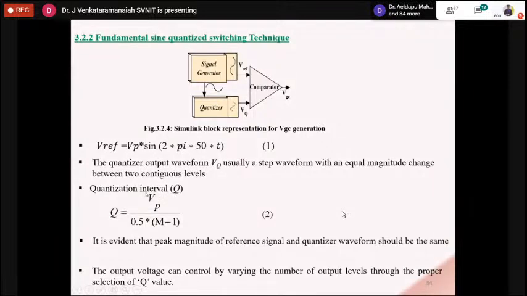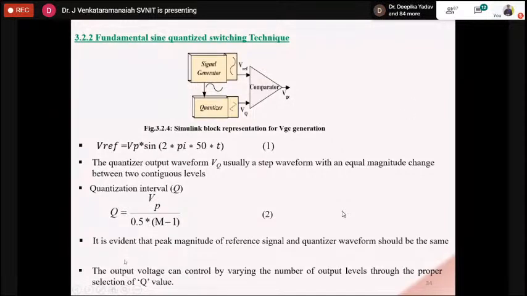This depends upon VP: VP by 0.5 into (m minus 1), where m is the number of levels. Here we have 19 levels, that's why it is 18. 18 into 0.5 will be 9. So VP by 9 is the Q value.